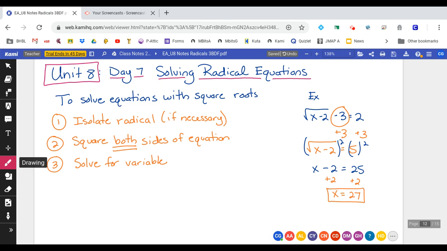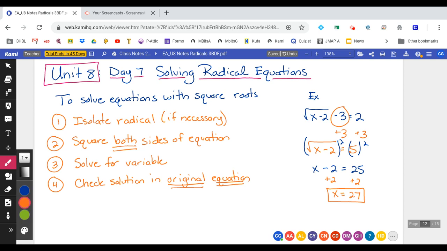Now, like I said earlier, you have to make sure that you check the solution in the original equation. It's very important.